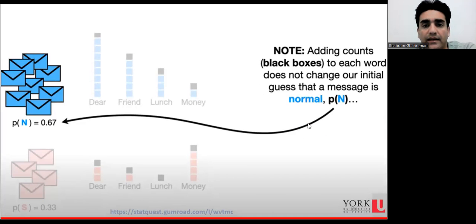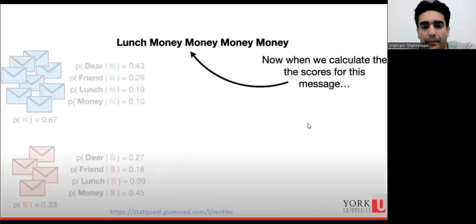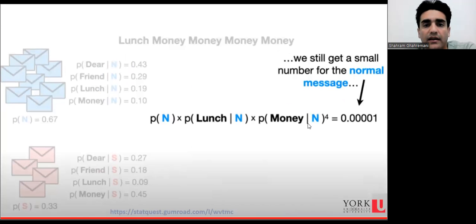Note that adding counts, or black boxes, to each word doesn't change our initial guess that a message is normal, or that a message is spam. Now when we calculate the scores for this message, we still get a small number for the normal message.